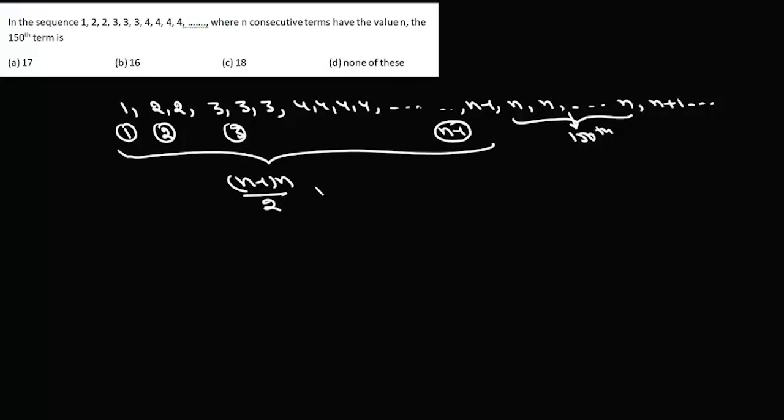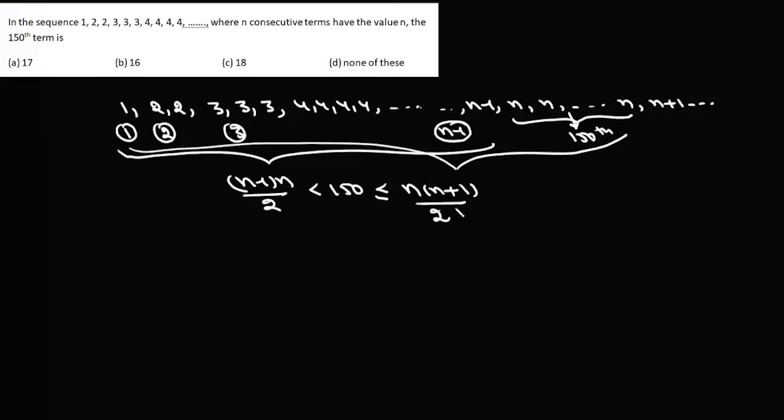n(n-1)/2. So this 150 must be greater than n(n-1)/2, and it should be less than or equal to the number of terms from 1 to n, so it will be less than or equal to n(n+1)/2. Basically n(n-1) should be less than 300, which should be less than or equal to n(n+1).